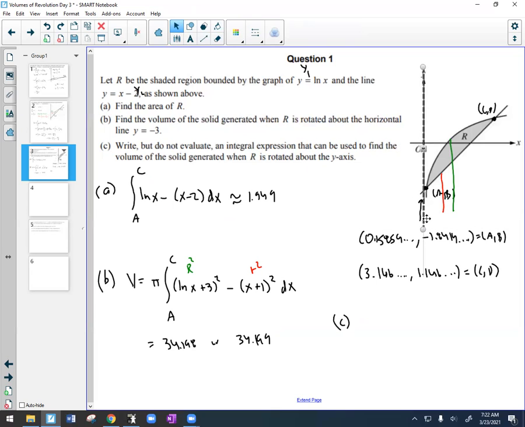So it's like a vertical axis, which means I've got to solve everything for x and then do right minus left for my radii. And solving for x is, to me, the part that would give you guys the most trouble, I would guess. I want to solve y equals x minus 2 for x. That's pretty straightforward. You just add 2 to both sides, and you get x equals y plus 2.